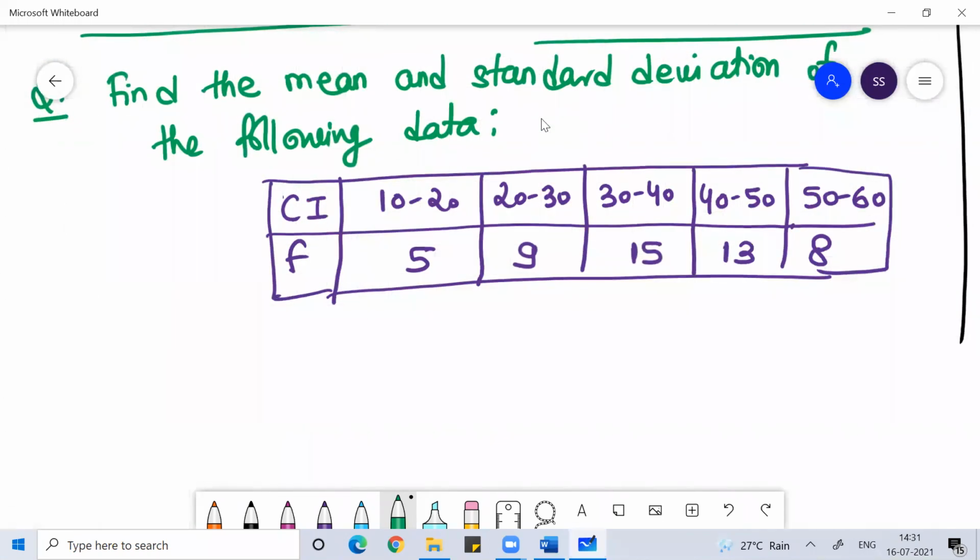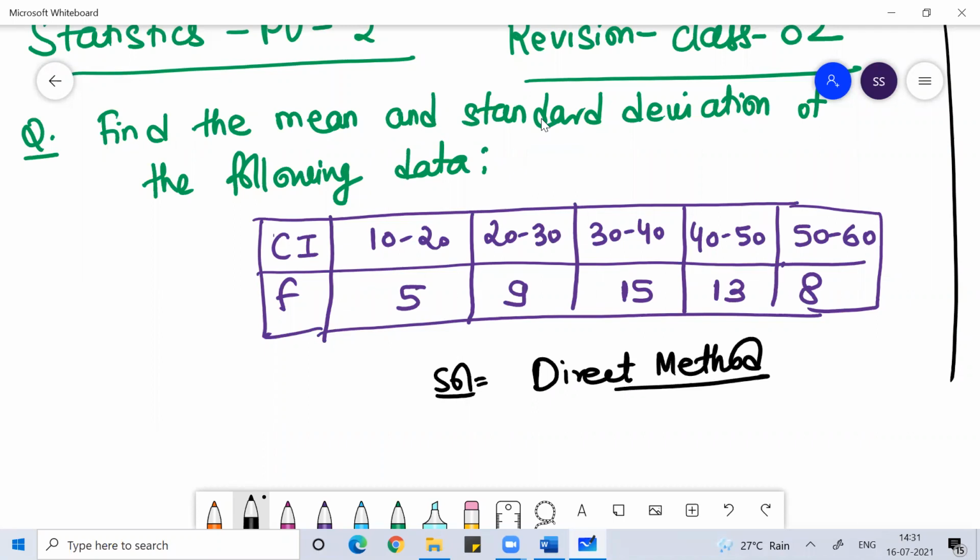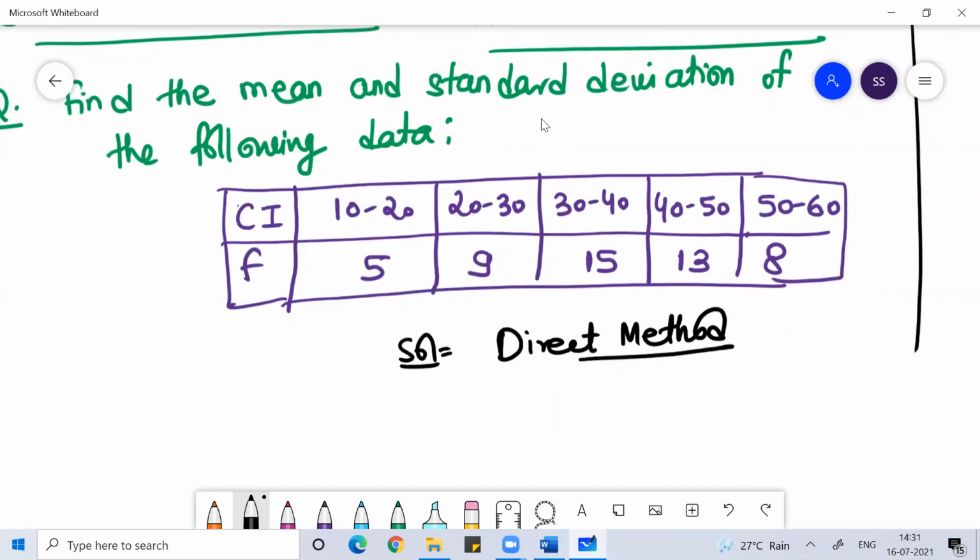If you have a class interval with frequency given like this, how will you calculate the mean? The direct method to calculate the mean is sum of fx by sum of f.